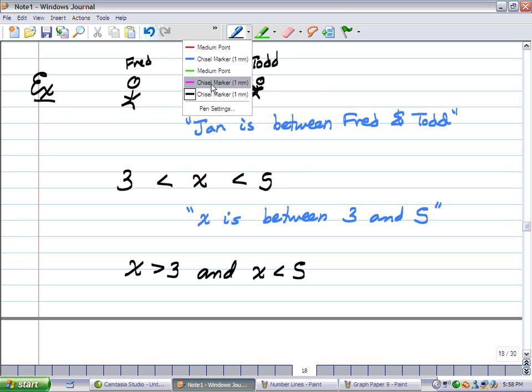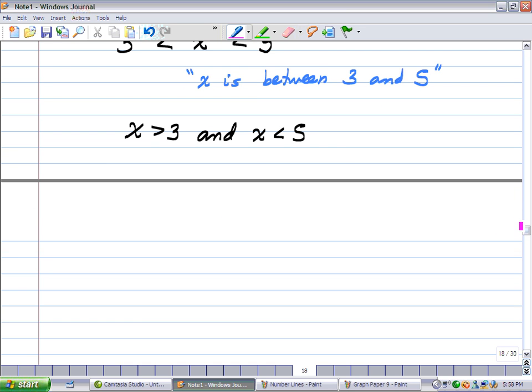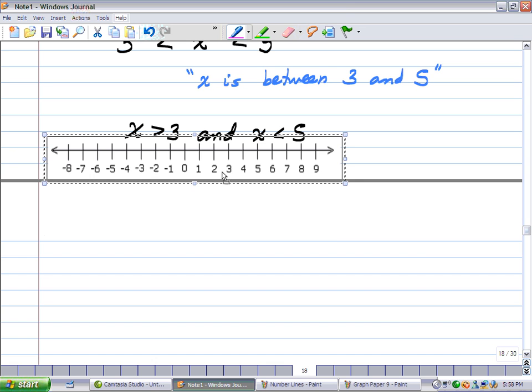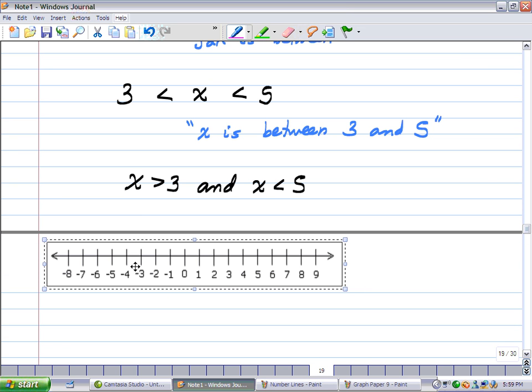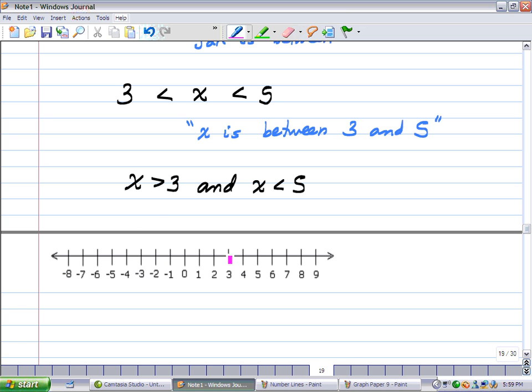So how would we graph these particular ones? If they are between 3 and 5, here's 3 not included, 5 not included, we mean these. Notice these numbers in here are greater than 3 and they're also at the same time less than 5.